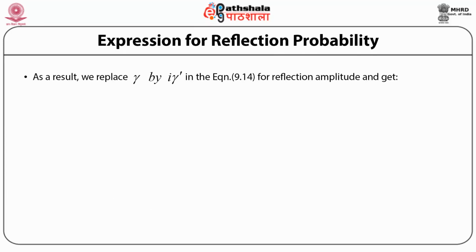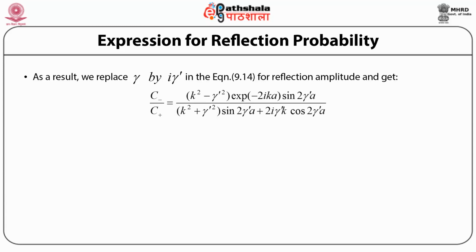As a result, we replace gamma by iota gamma prime in equation 14 for reflection amplitude, and we get C minus by C plus is equal to (k square minus gamma prime square) into exponent of minus 2 iota k a into sine 2 gamma prime a divided by (k square plus gamma prime square) into sine 2 gamma prime a plus 2 times iota gamma prime k into cos 2 gamma prime a.